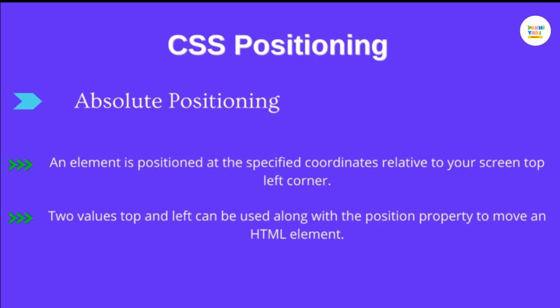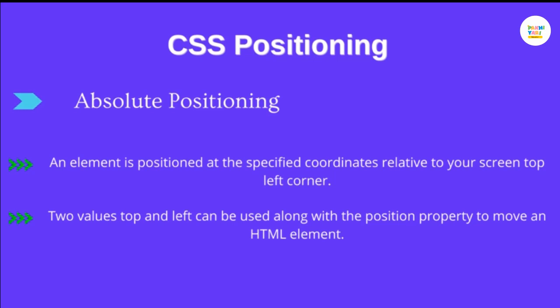On the basis of the coordinates which you pass, the particular element will be positioned at that location. As mentioned, the element is positioned at the specific coordinates related to your screen's top left corner.